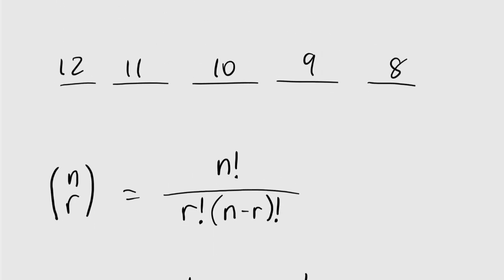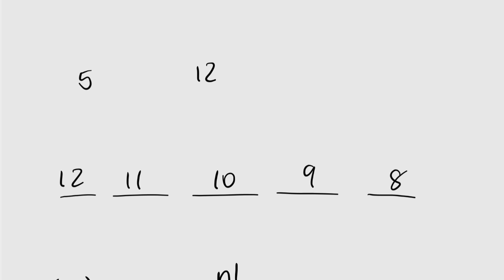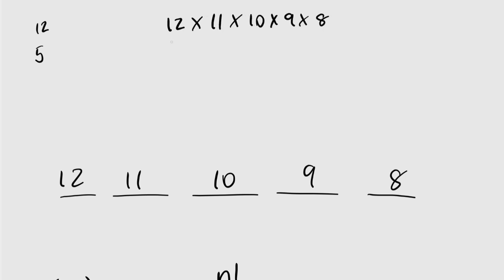So to actually get an answer for that one, let's quickly evaluate it. Let's first try evaluating it without the formula, and then we'll use the formula. So you have 12 and you want to pick 5. So then it's 12 times 11 times 10 times 9 times 8, all over 5 factorial.